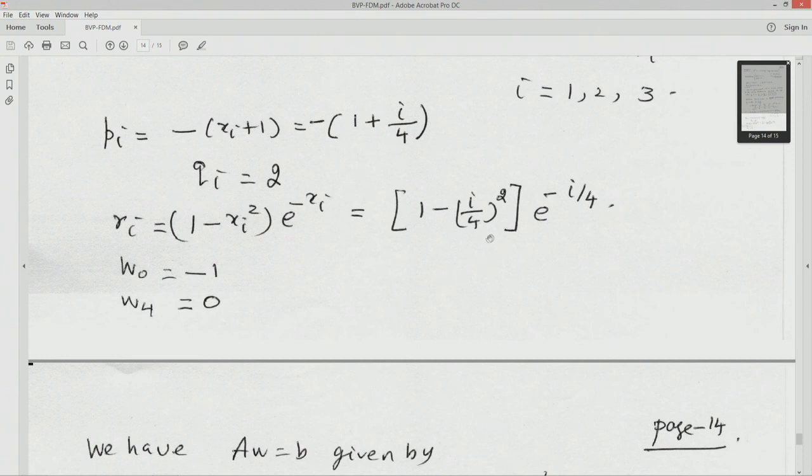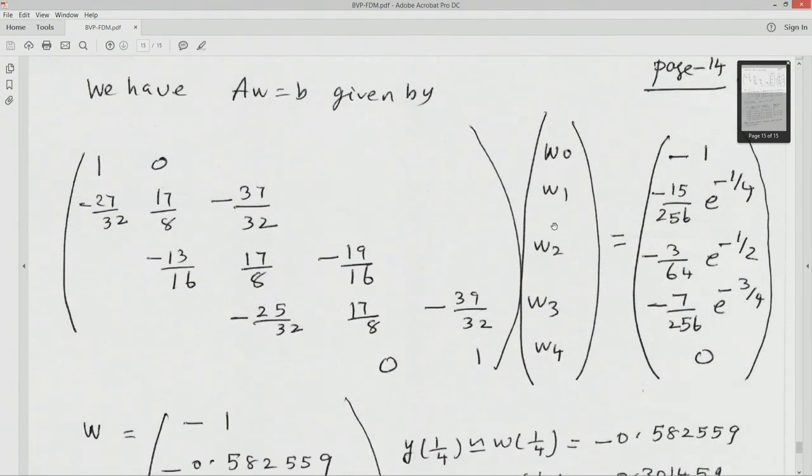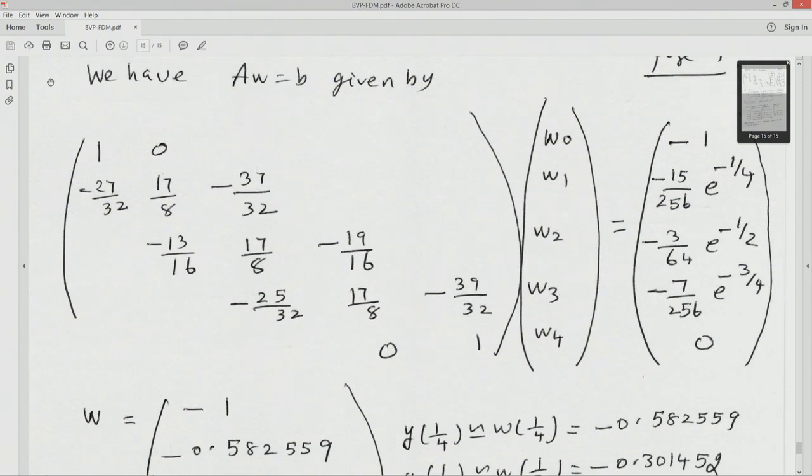So, we now can write down the algebraic system of equations in matrix form, namely A W equal to B. So, the first equation, W naught equal to minus 1, is given by the first equation here, 1 into W naught plus 0 into W1 plus 0 into W2 etcetera is minus 1.